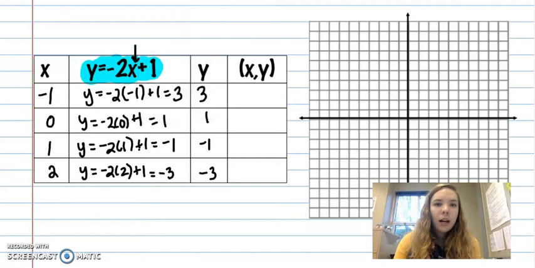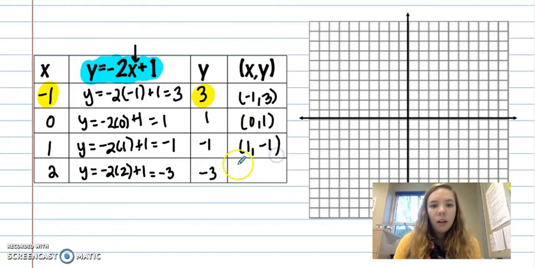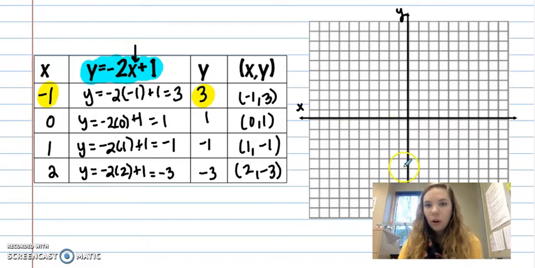Okay, at this point, I am going to write my x and my y as an ordered pair. So this one is negative 1, 3, 0, 1, 1, negative 1, and 2, negative 3. And we're going to put those on our graph. So again, you want to glue in a new graph so you can have these in your notes. But you'd have negative 1, 3, 0, 1, 1, negative 1, and 2, negative 3.